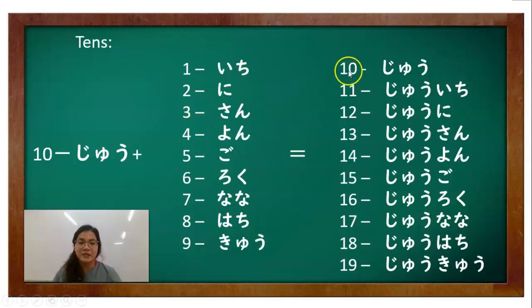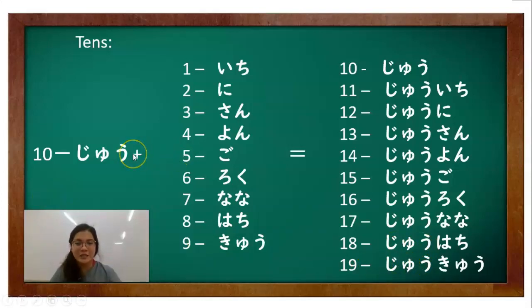Okay, so again, let's read from 10 to 19. 10 is ju. 11 is ju ichi. 12 is ju ni. 13 is ju san. 14 is ju yon. 15 is ju go. 16 is ju roku, 17 is ju nana, 18 is ju hachi, and 19 is ju kyu.